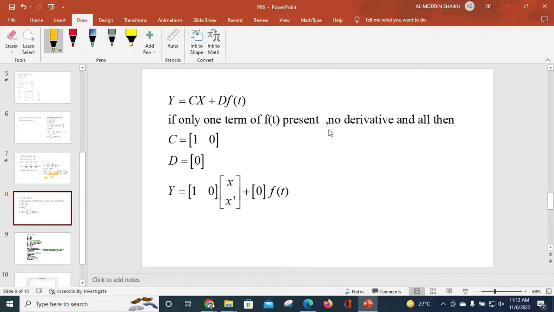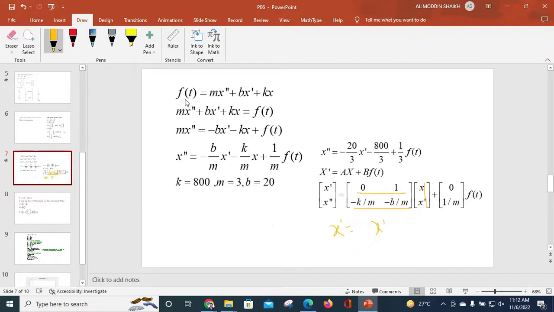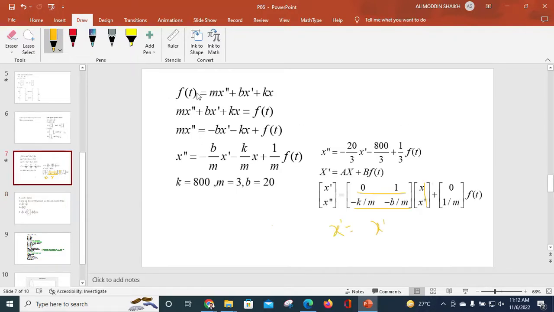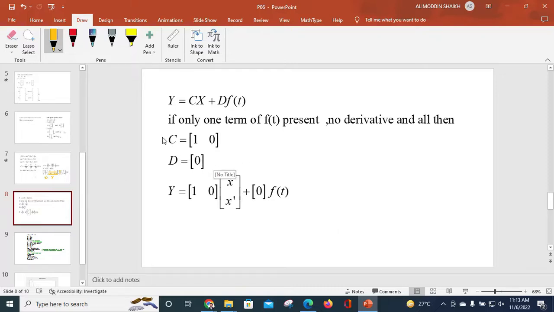If there is only one f of t term and no derivative term, you have to remember this. When only one f of t term is there and no derivative term of f of t, then C will become 1 0 and D will be 0. Remember like this.